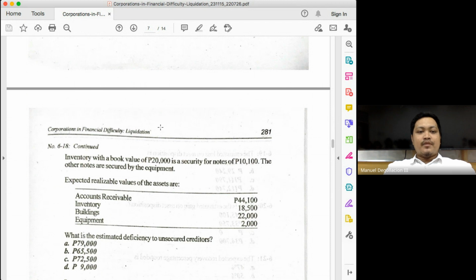Okay. So focusing now on the question on problem 6-18, again, very simple. If the question is estimated deficiency, just go back to your basic accounting equation.